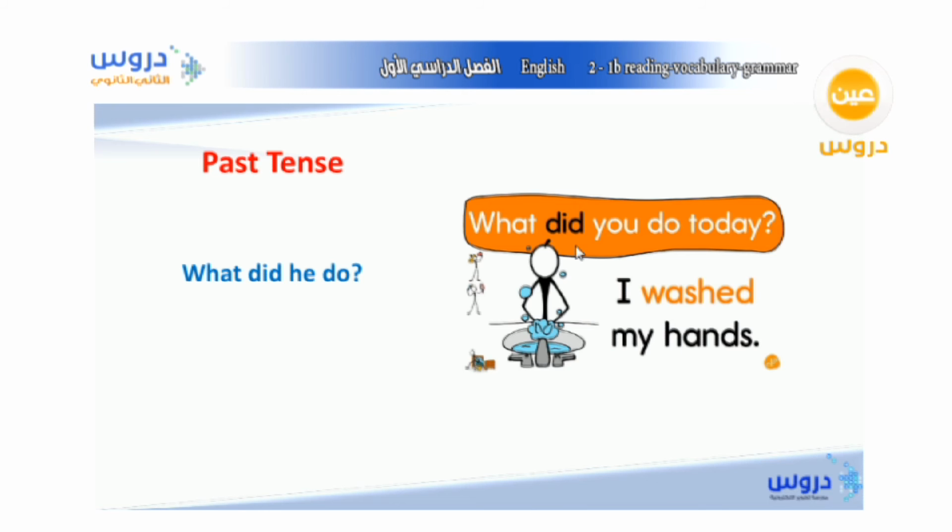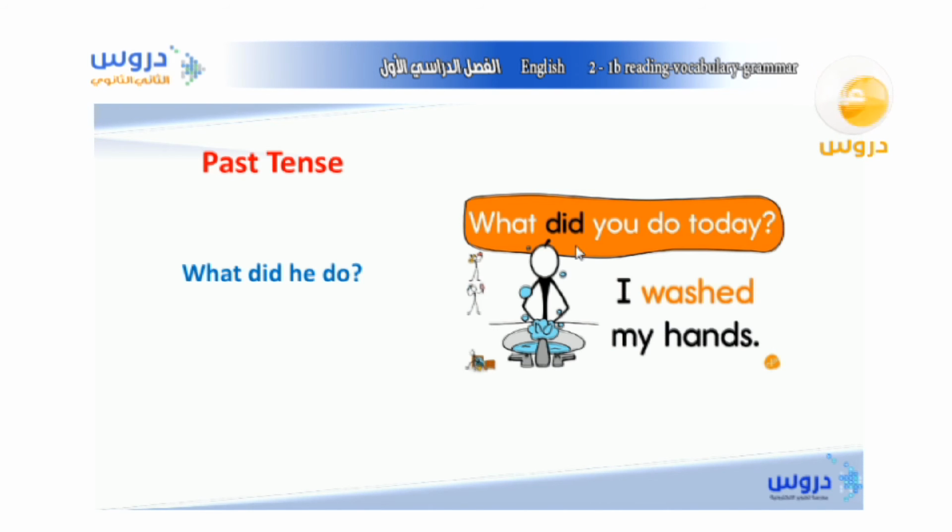So if I ask you and if you ask me, what did you do last weekend? When you see that this question is about the past and we use did, it means you have to answer in the past. So what did I do last weekend? Okay, let me remember. I visited my parents.